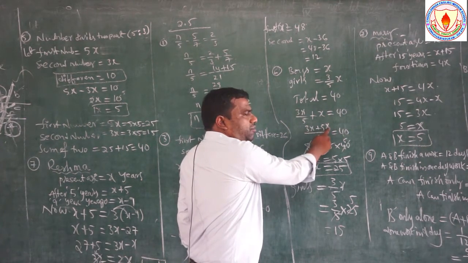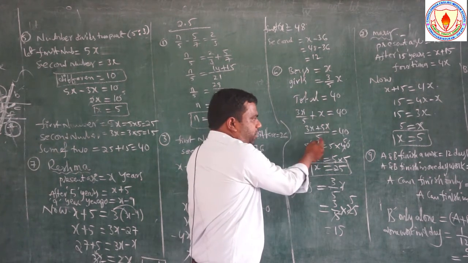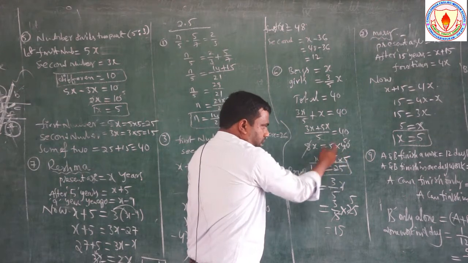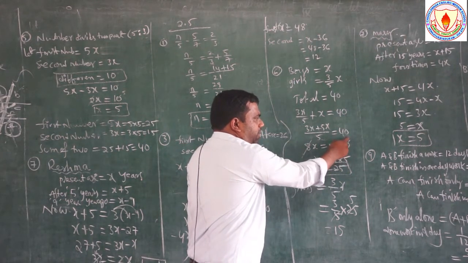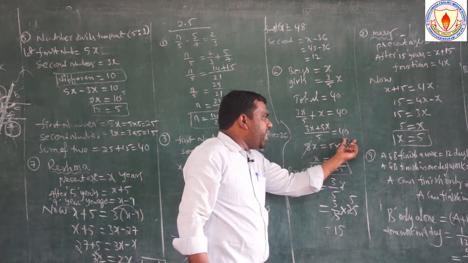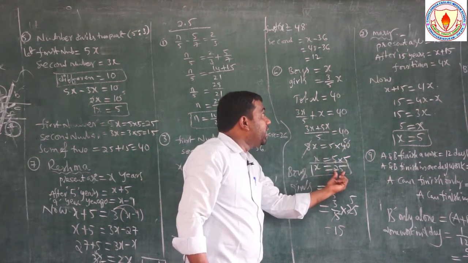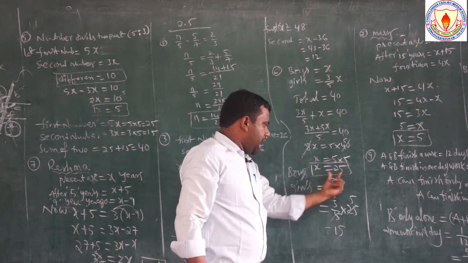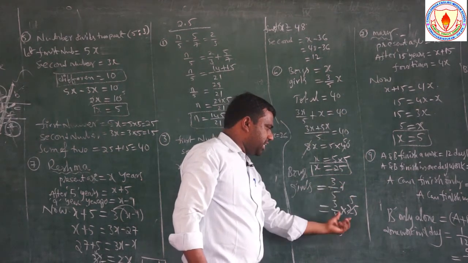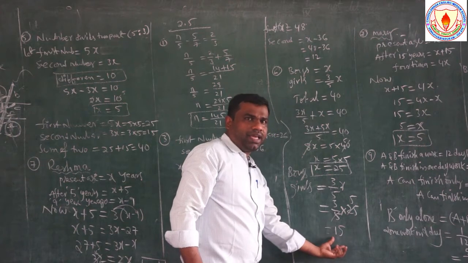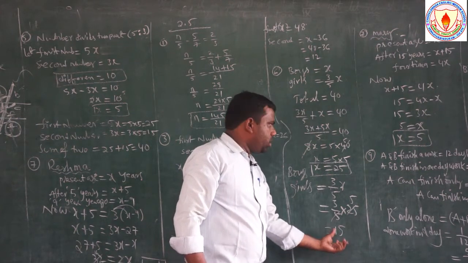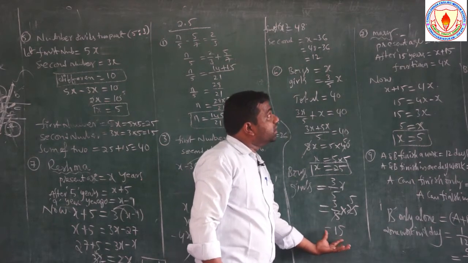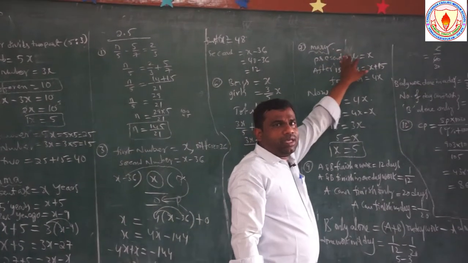So 3x plus 5x, 8x is equal to 40 into 5 transposed to the right hand side. In the 8 table, 40 cancels 5 times. 5 fives are 25. So boys strength is 25, and girls strength is 3 by 5 into x. Substituting x as 25, it is 15. So boys is 25 strength and girls is 15 strength.